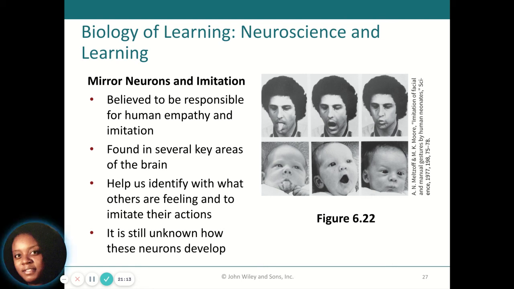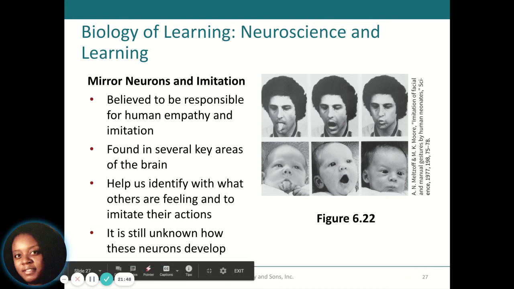It's through mirror neurons that people are able to show empathy and care and concern for other people, because various areas of the brain that are activated in people who are experiencing pain are also activated in people who view that pain. If you look at figure 6.22, you can see the baby mimicking everything the parent is doing because they're watching the parent.